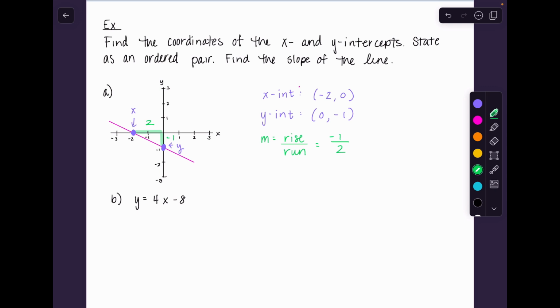Or if you want to do this the standard way, because we know how to find the slope now, we do the difference in the y values, so that's -1 and 0. And then I have to do the difference in the x values, but I have to stay consistent. -1 is a y coordinate, so 0 is its x.